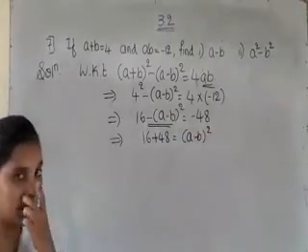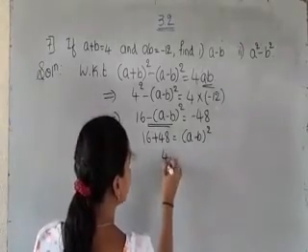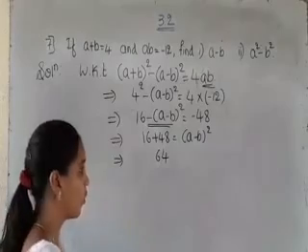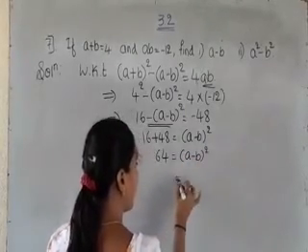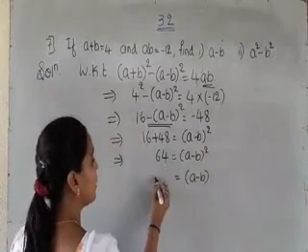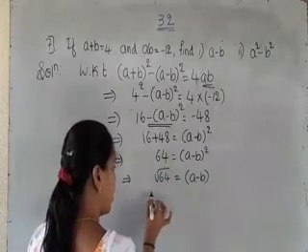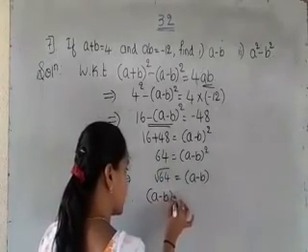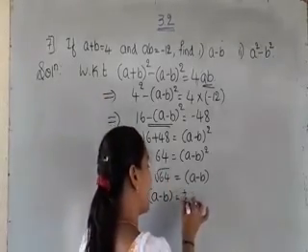Okay. Then 16 plus 48, nothing but 64, is equal to (a minus b) whole square. We have to find the a minus b value. So shift this square, it will become square root of 64. Thus the value of a minus b is equal to square root of 64, which is plus or minus 8.